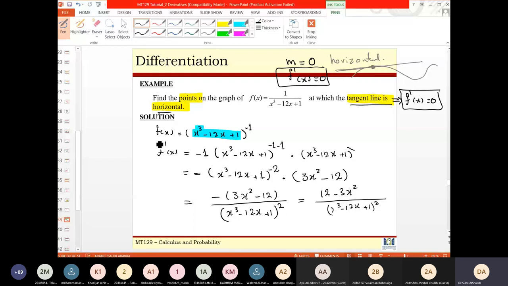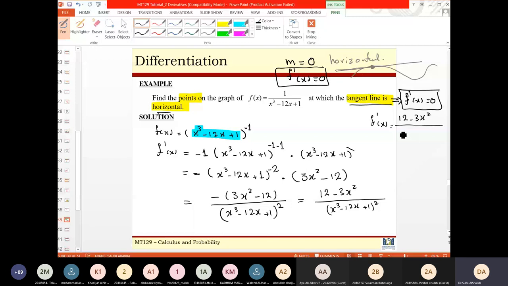I'm not done yet. I have to let f dash equal to 0 to get the points. So f dash x is 12 minus 3x squared divided by x^3 minus 12x plus 1 squared.